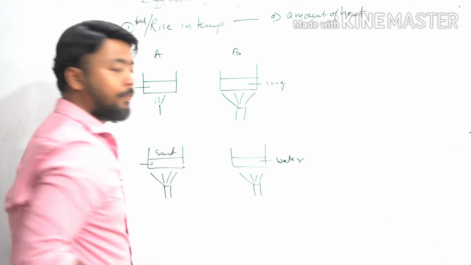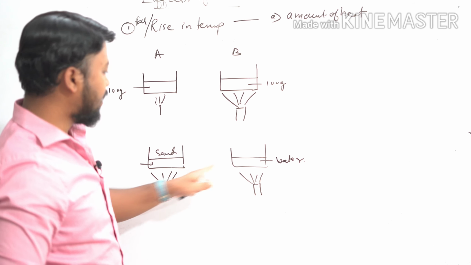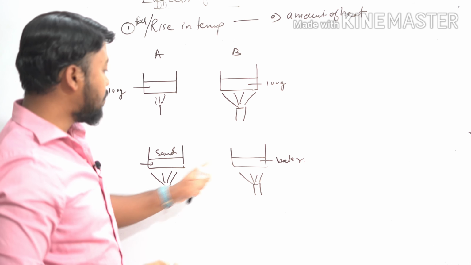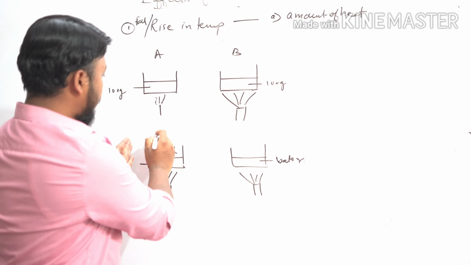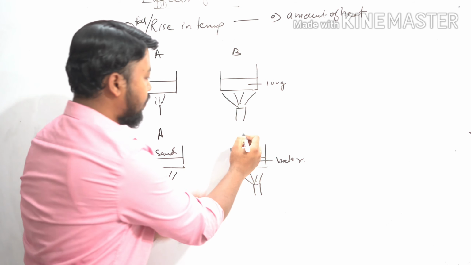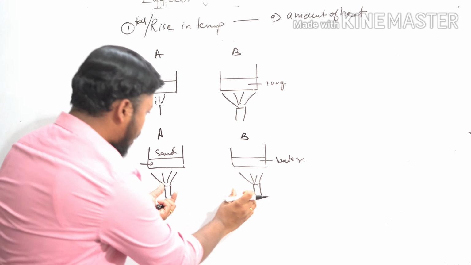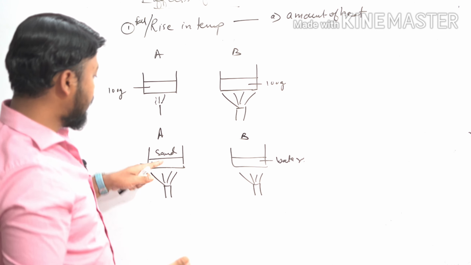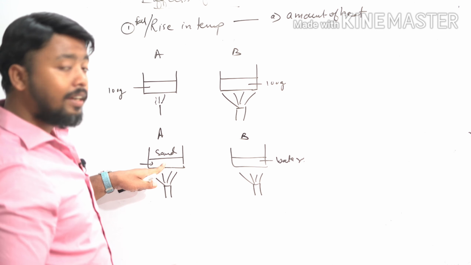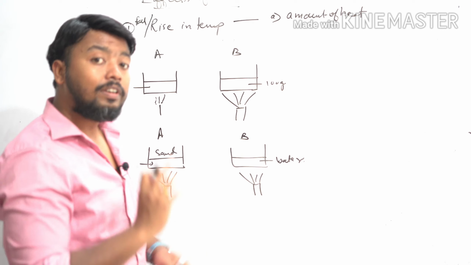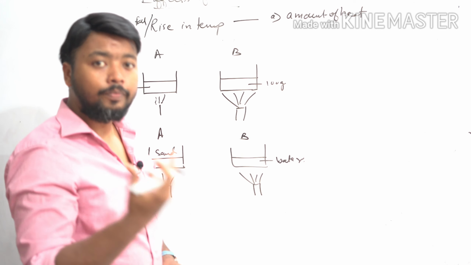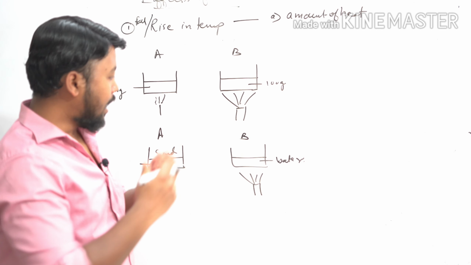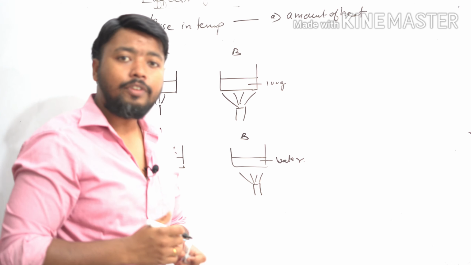Now you tell me, the amount of sand and amount of water is same, but their material is different, isn't it? In beaker A you are having sand, and here you are having water, and the amount of heat which you are giving is also same, but still you will see the sand gets heated up much more quickly and the rise in temperature will be greater here, but water will take more time to get heated up, and in that time also a little bit of increment of heat will be there.